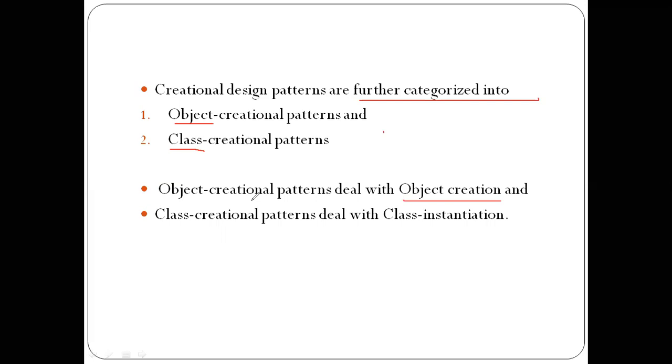Coming to the second one, class creational patterns deal with class instantiation, which means class creation. Whether you want to create a new class or a new object, one is taken care of by object creational patterns and the other by class creational patterns.